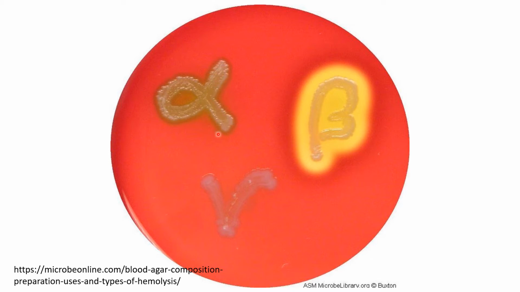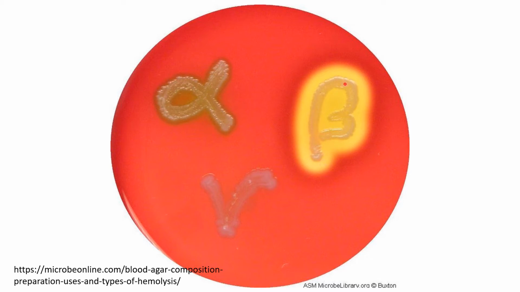If it's an alpha hemolysis, take note the color. It seems like greenish. This colony is capable of degrading the hemoglobin, but not much. So that's why, like here at this portion, there is a reduced number of hemoglobin. So there is a partial hemolysis.